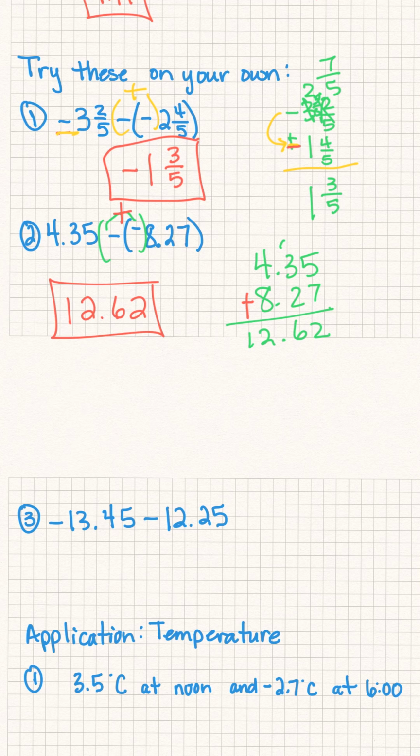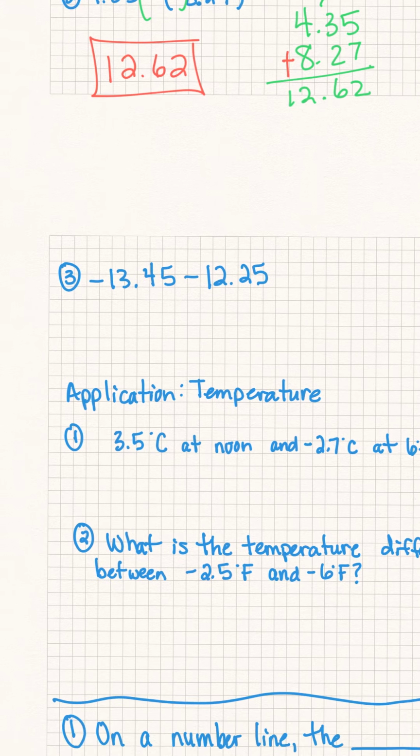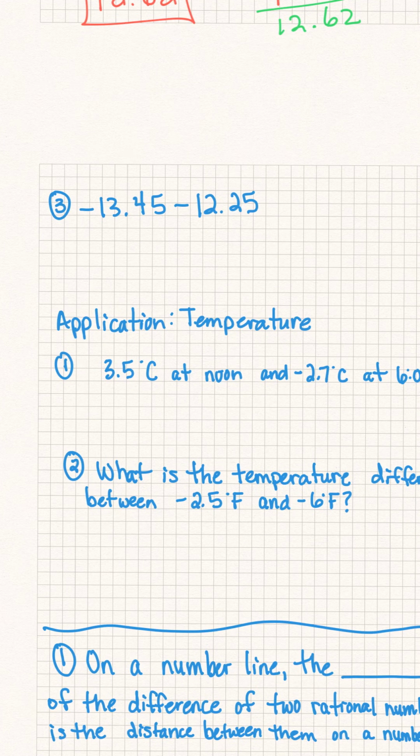And then number 2, those 2 numbers go together. It's just like adding them together. Your answer is 12.62. And this last one, if you have a negative, subtract a positive, it's just like adding the 2 negatives together.